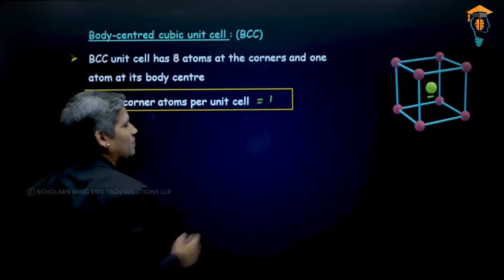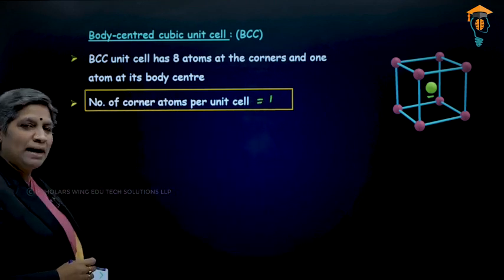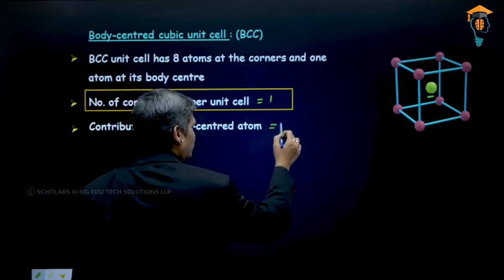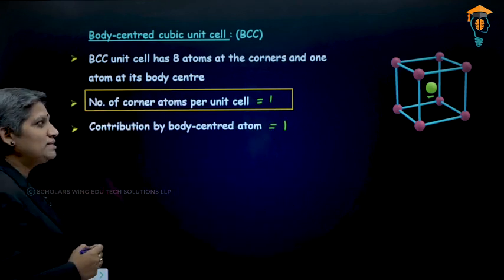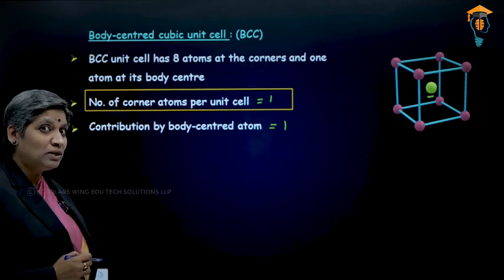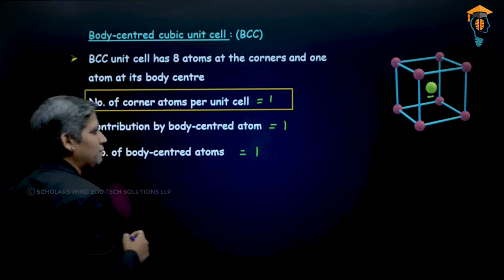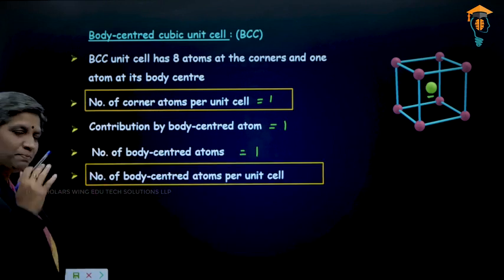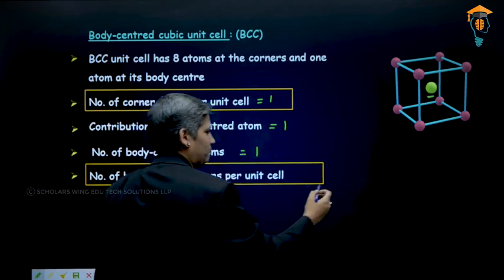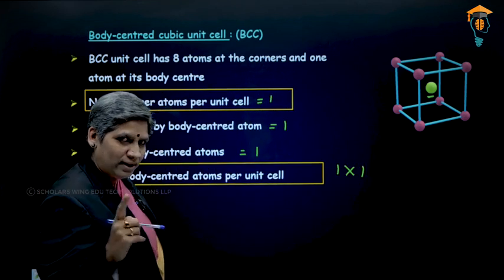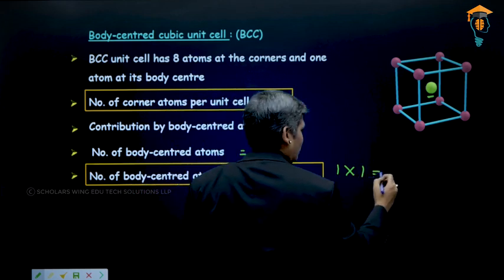Just now we saw that. What about the contribution made by each body-centered atom? It is 1. That also we know. Very good. How many such body-centered atoms are present within one unit cell? Only 1 possible. Therefore, the number of body-centered atoms per unit cell will be 1 into 1. The contribution is 1 and only 1 atom is present. Therefore, 1 ones are 1.